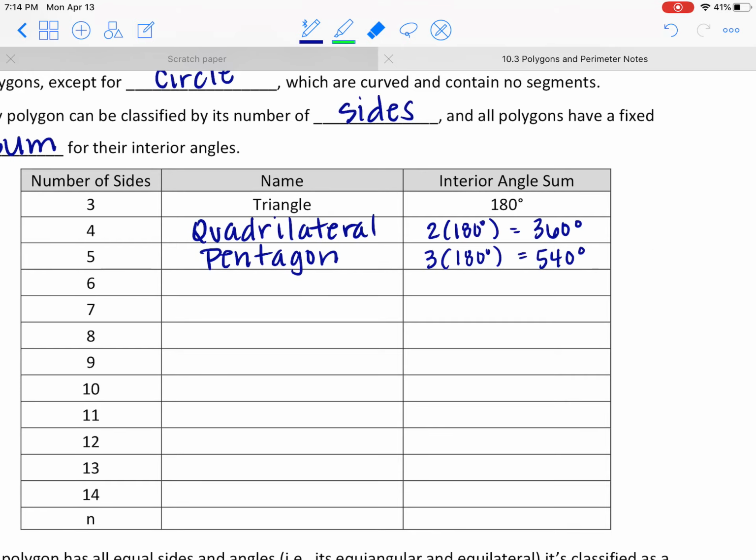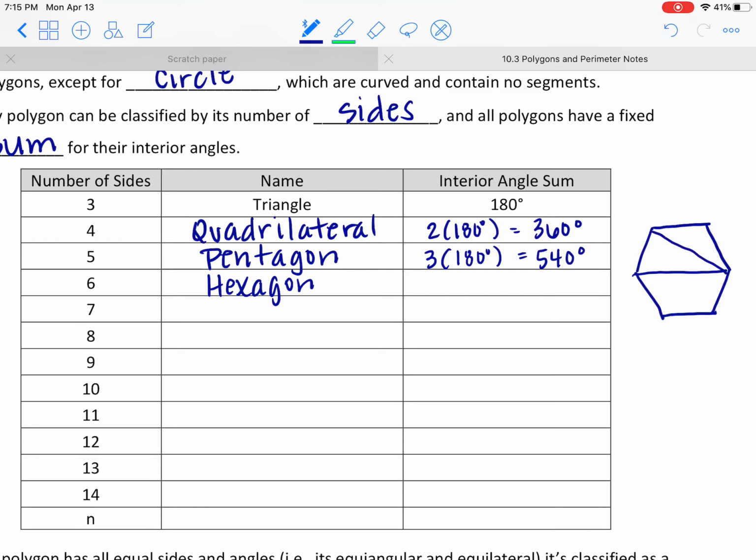Okay? How about a six-sided figure? A six-sided figure is called a hexagon. Okay, a hexagon. Maybe you're seeing a pattern with some of the interior angles here. What's a hexagon going to look like? So a hexagon is going to be something like, this is really rudimentary drawing here, but something like this, where I could cut it into two quadrilaterals, right? Two four-sided figures.